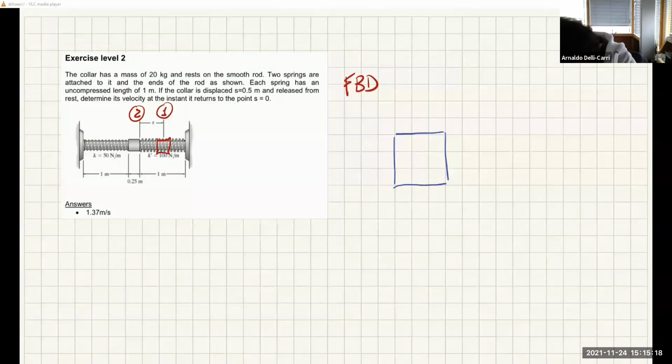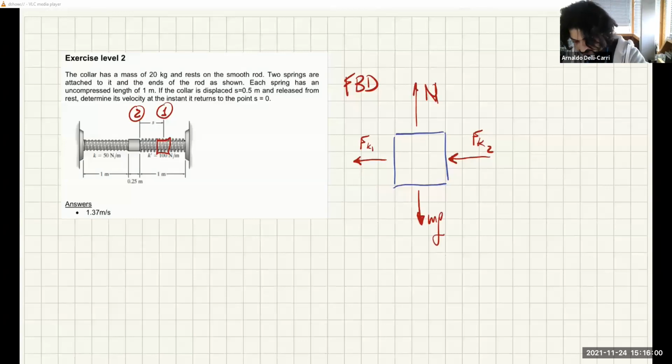Let's say if it's moved on that position, then of course both spring 1 and spring 2. So let's call this K2 and this K1. They are springs of different stiffness, as you can see. Then of course there is the weight of this. And there is the normal force from the rod itself, because it's a collar.